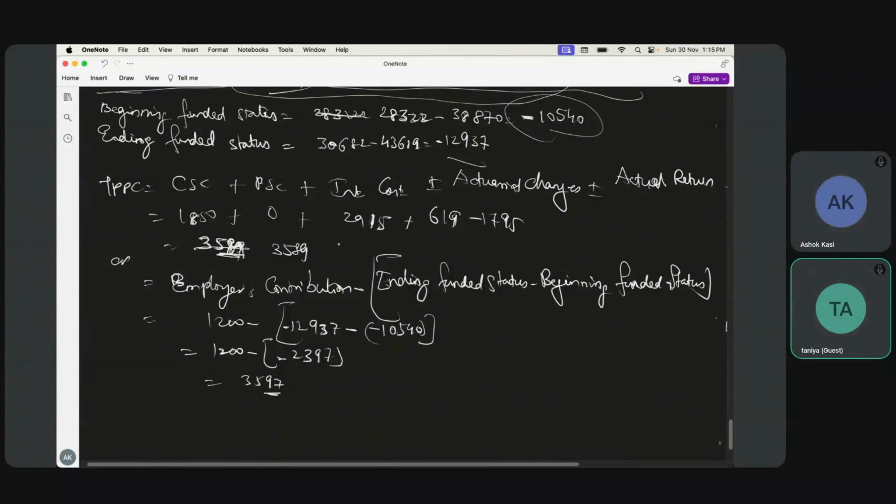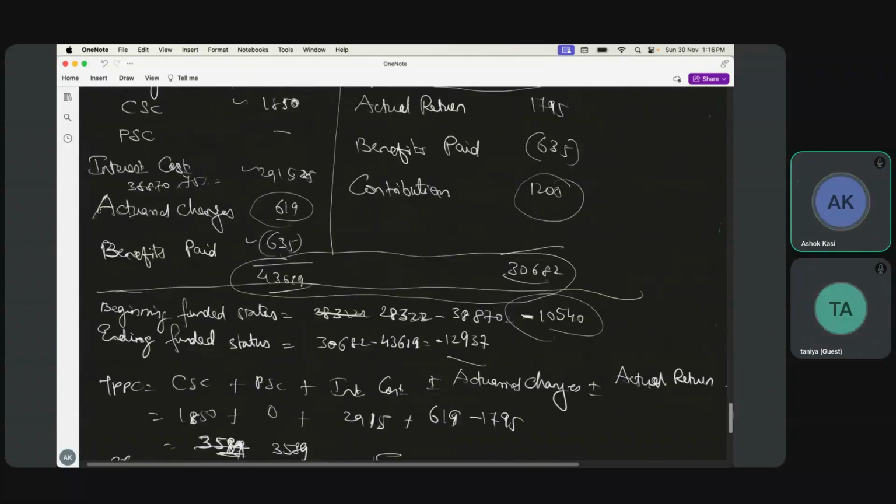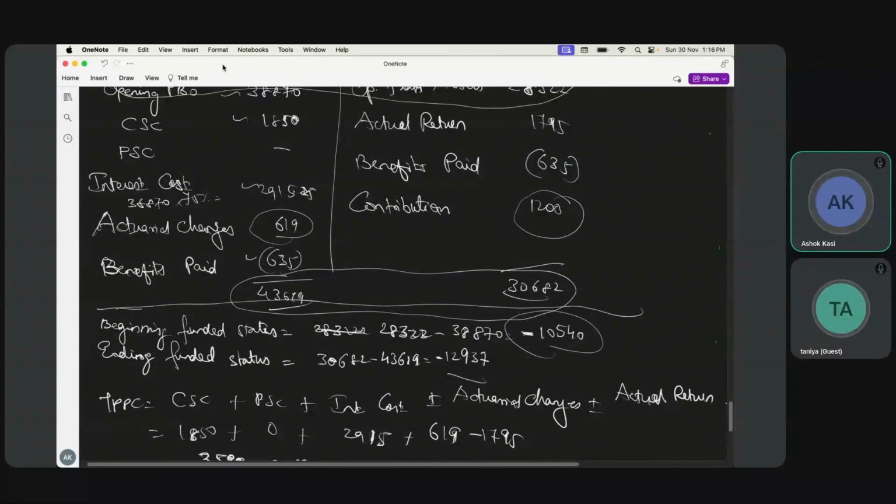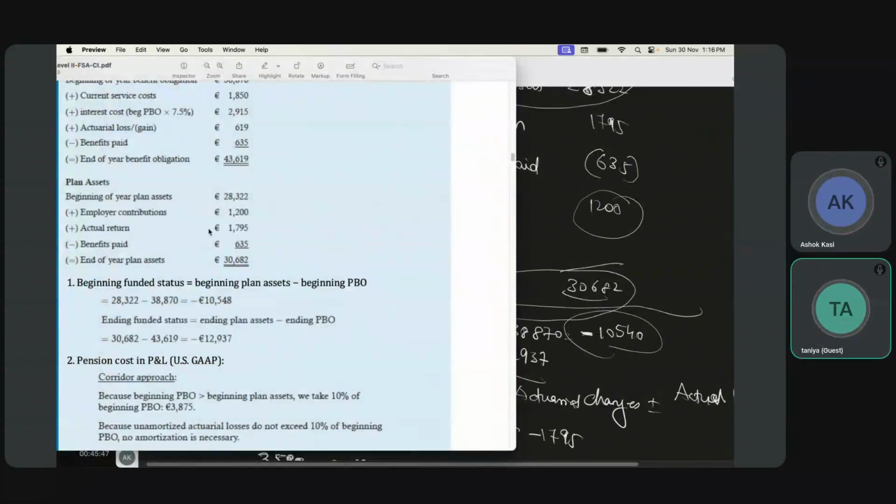One second, it's 3597 only. Why is that gap coming? I think we have to calculate everything again. An 8 rupees gap is coming, so it will also be wrong.